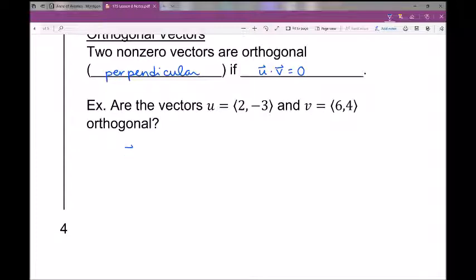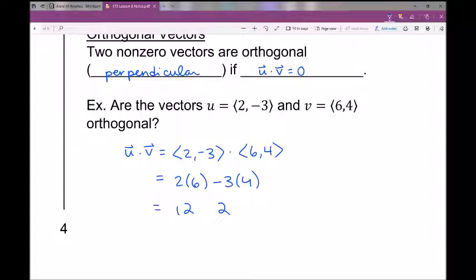So u dot v is equal to 2, -3 dot 6, 4, and taking their dot product, this is 2 times 6 minus 3 times 4, which is 12 minus 12, which is 0. So because our answer is 0, we would say vector u and vector v are orthogonal.